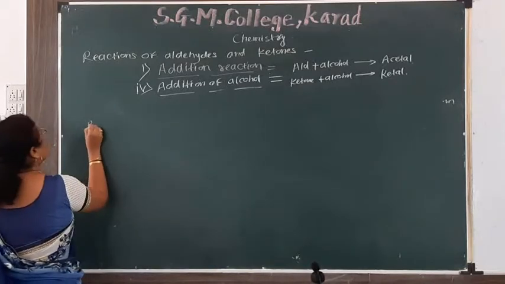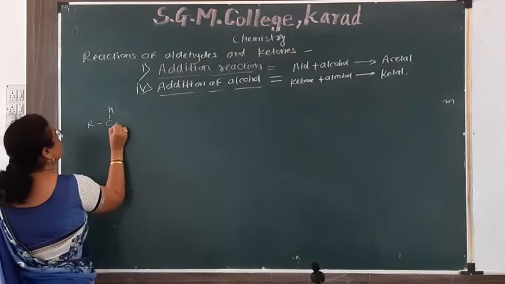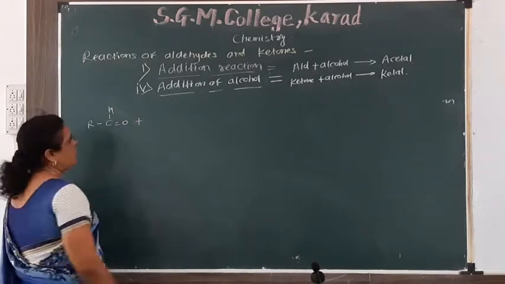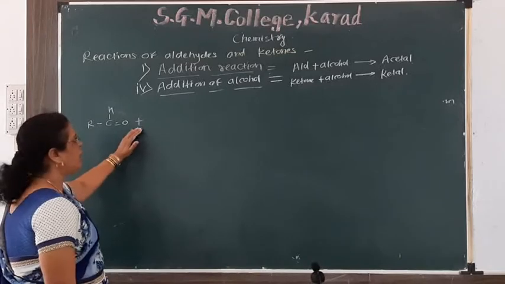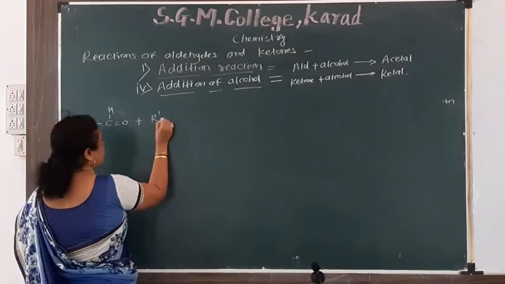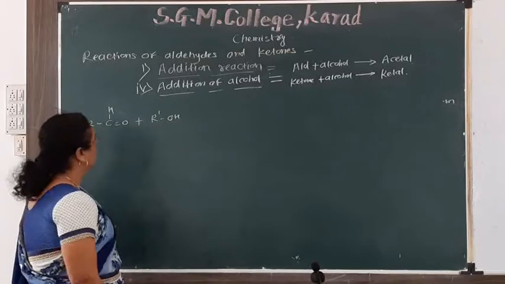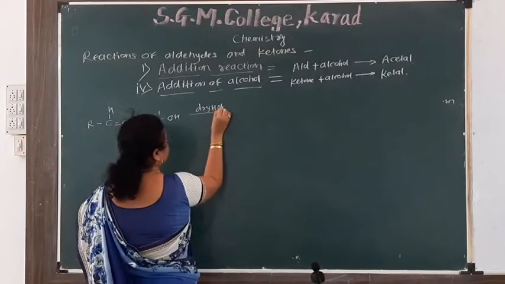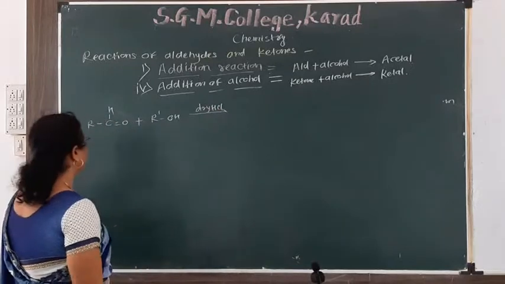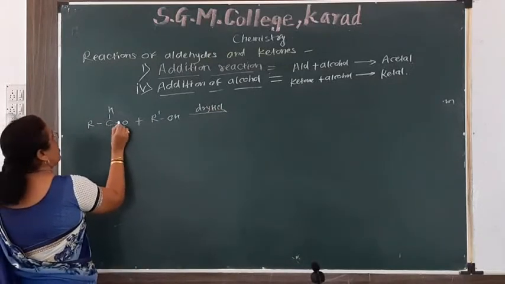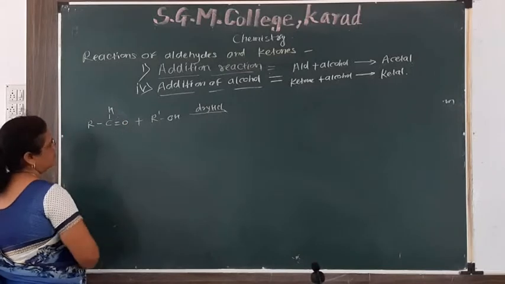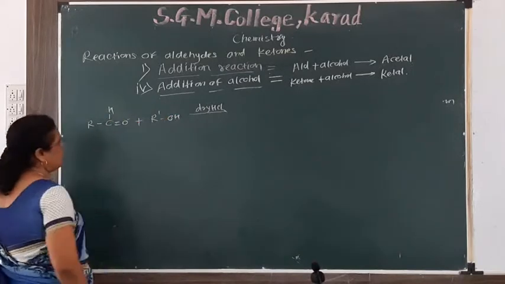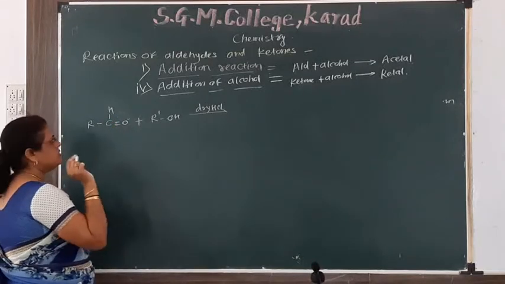RCHO, aldehyde, when treated with monohydric alcohol, that is R dash OH, in presence of dry HCl. This carbon oxygen double bond breaks and this hydrogen atom is attached to this oxygen atom. Double bond gets converted to single bond.